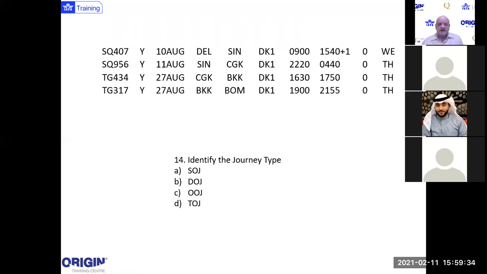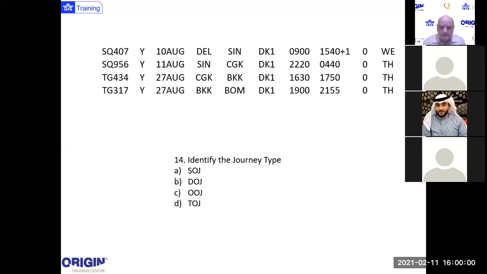Let's identify this journey type. It's very similar to the one before. Now, do you think this could be a one-way? India, Singapore, Indonesia, Thailand, India. No, it's not going to be a one-way. Where do I start?